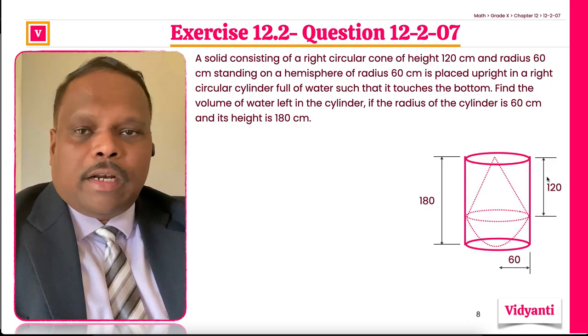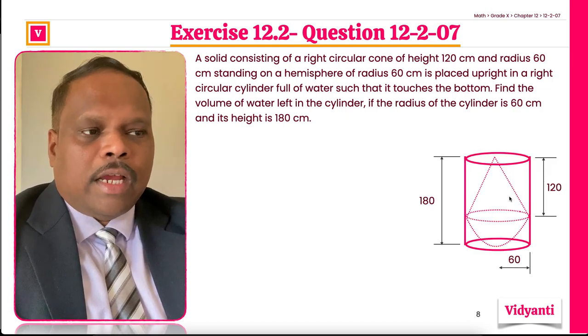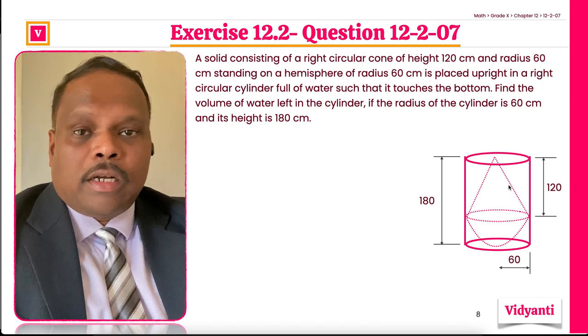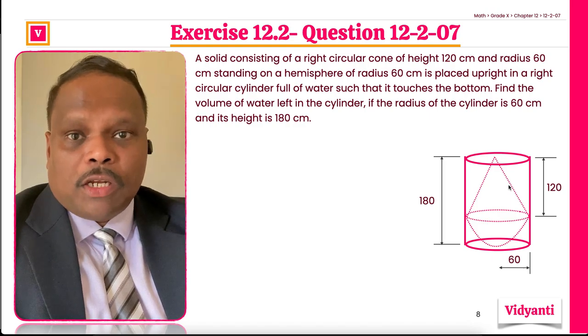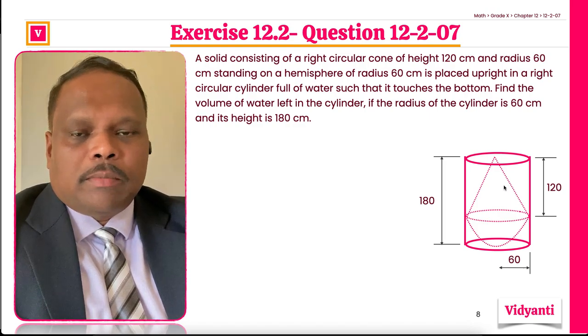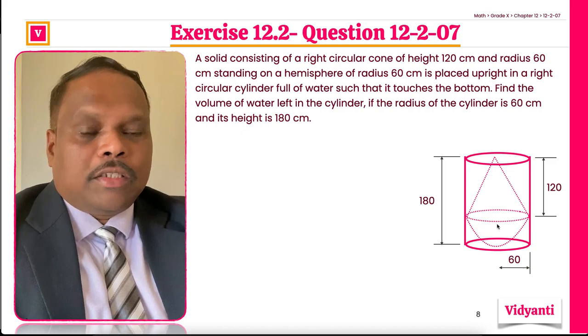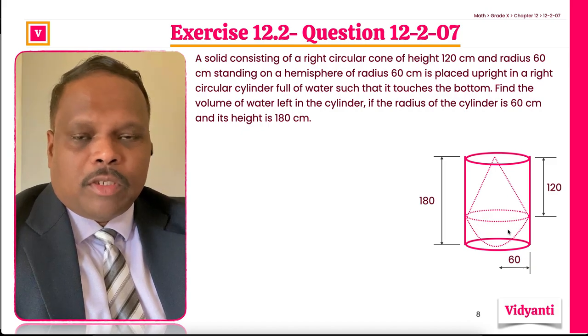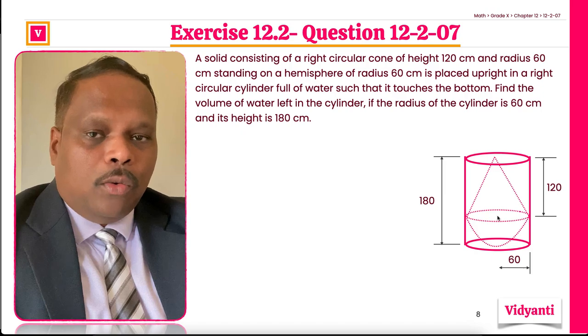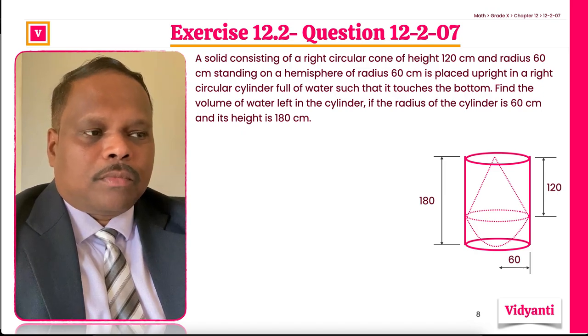We have this cylindrical outer object, and inside we have inserted a combination solid. The bottom portion is made by a hemisphere and the top portion is the cone, such that the radius of the hemisphere and the radius of the base of the cone exactly match.